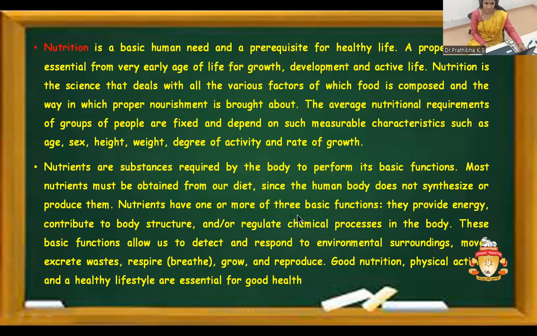Nutrients have one or more of three basic functions. They provide energy, contribute to body structure, and regulate chemical processes in the body. These basic functions allow us to detect and respond to environmental surroundings, that may be movement, then excrete waste, respire, that is breathe, grow, and reproduce.